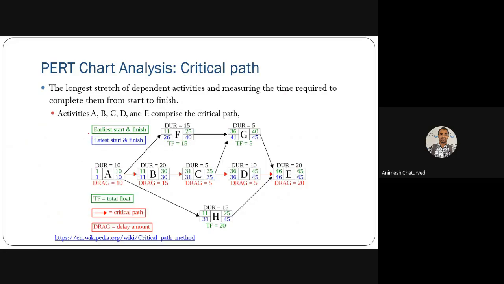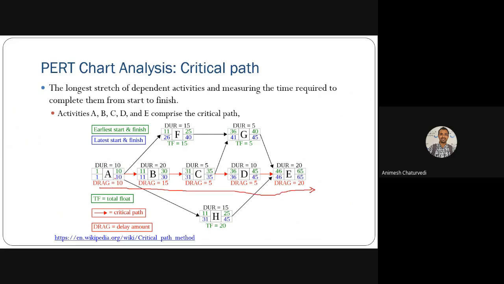Then this is an example of critical path analysis. A, B, C, D, E, F, G, H are the activities, and here the red ones are shown as the critical path. Why is this the critical path?